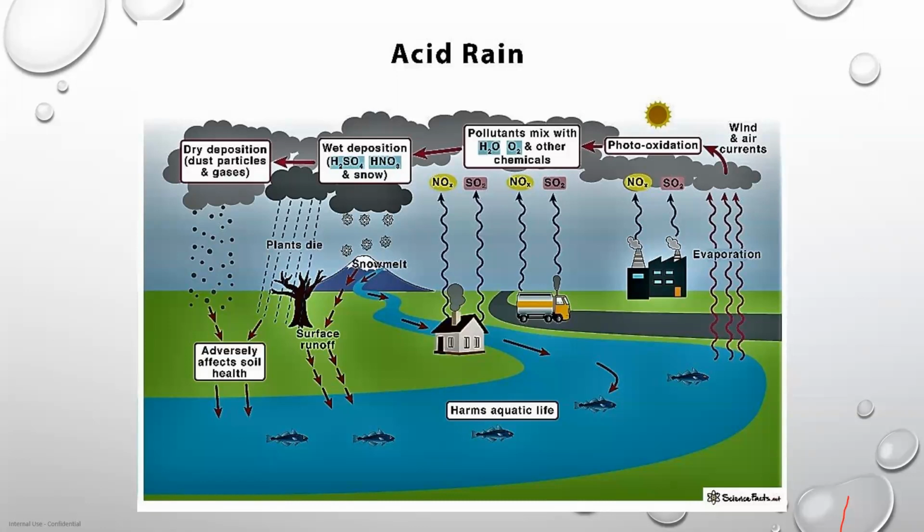Okay, so what is acid rain? Any form of downpour whose pH is less than 7 is considered to be an acidic downpour.